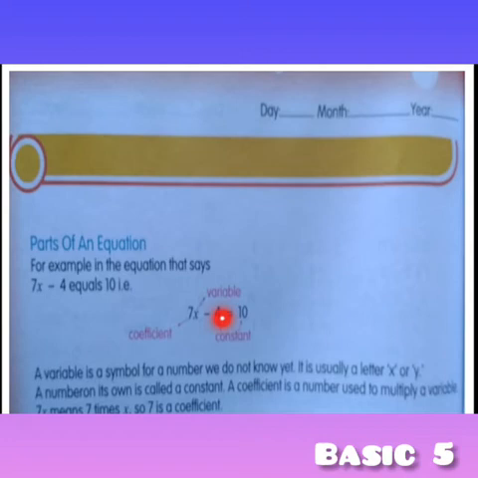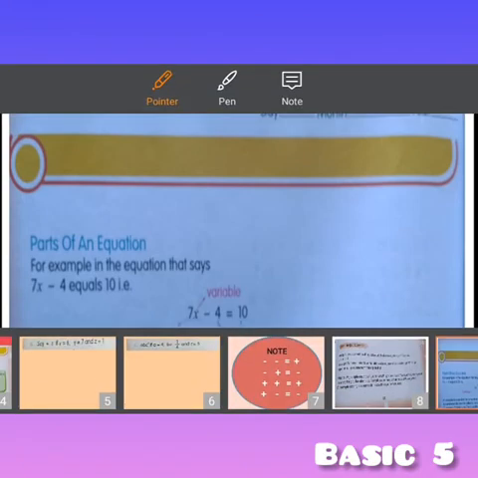That means 4 and 10 are constants because they are on their own, while a coefficient is a number used to multiply a variable. Like earlier explained, 7 is the number multiplying the variable, so 7 is the coefficient of x.